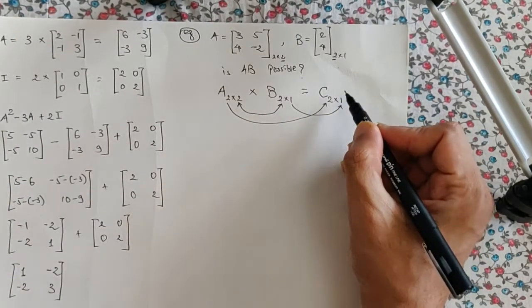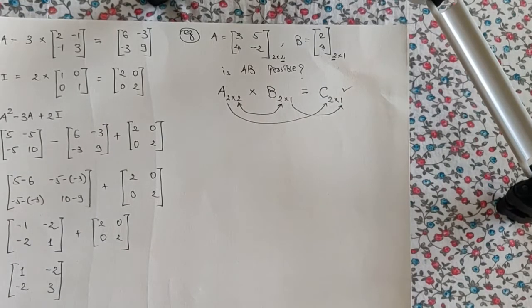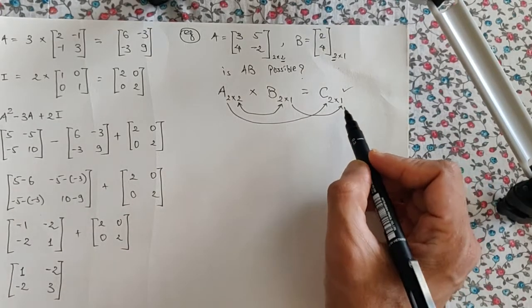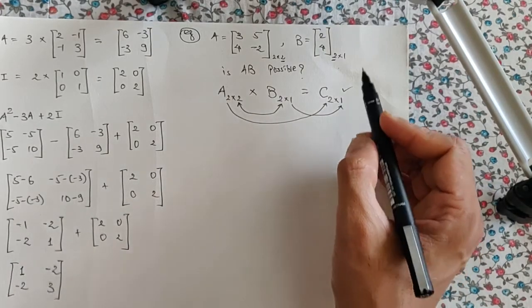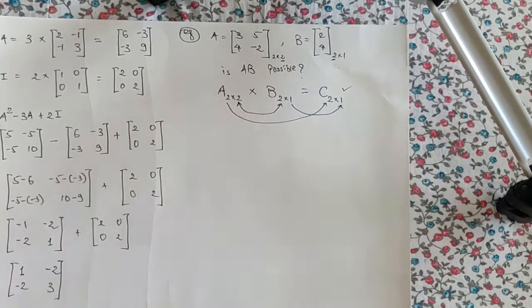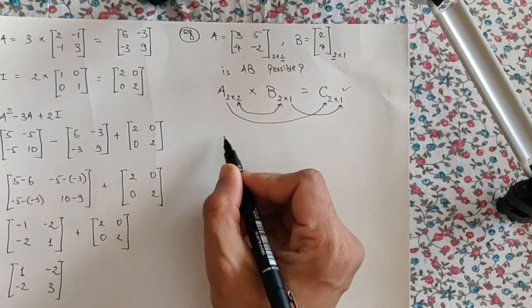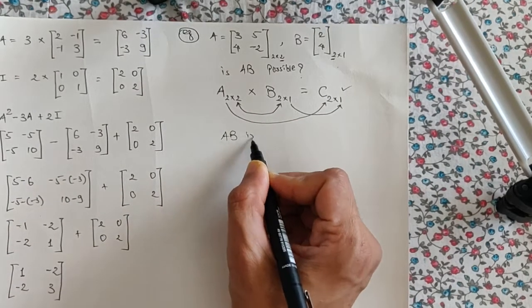So we know that the order of the answer should be 2 by 1. 2 by 1 means it should look like a column matrix, just one column, right? So AB is possible, definitely.